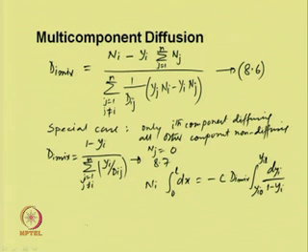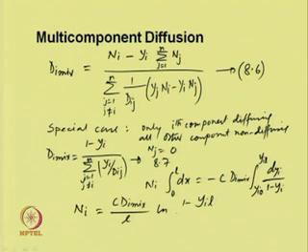So, from this we can obtain N_i is equal to C D_i mix by L ln (1 minus y_iL) divided by (1 minus y_i0). This is equation 8.8.